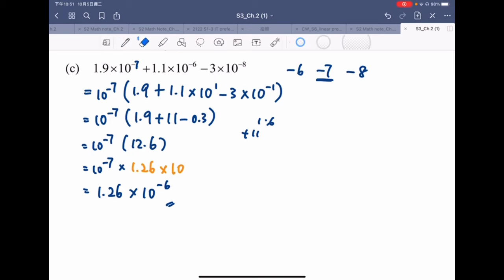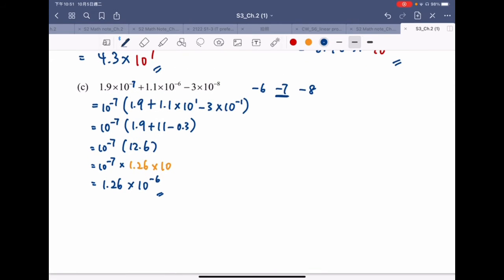Then you may ask, can we take out -6 or even -8? Actually the answer is yes. So maybe we try taking out -6.